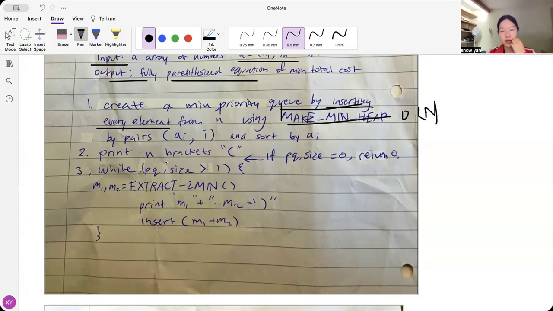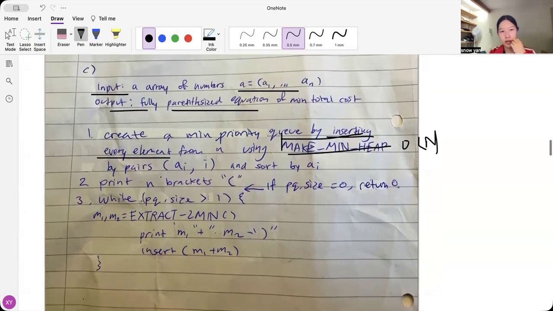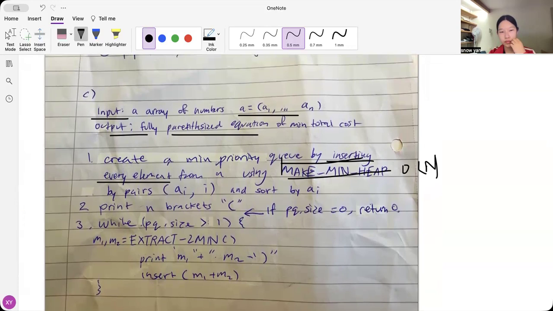And then what I do is, I define it here. I wanted to keep it as pairs, but in the actual answer key, you don't need to keep that. I just kept it because I wanted to print it.